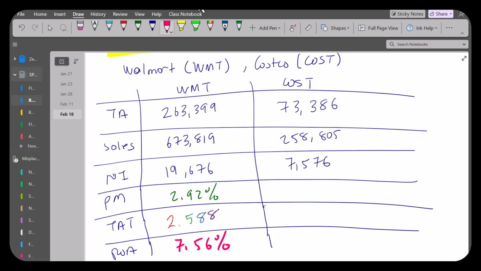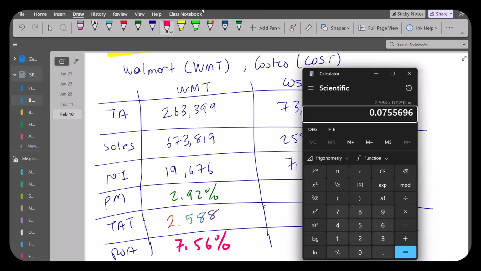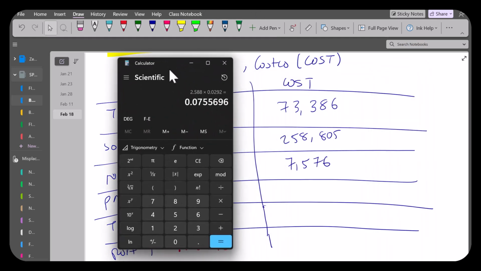Let's do the same thing for Costco. Let's move this to the side. 7,576 divided by 258,805, that's the profit margin. Turns out it's pretty much the same.